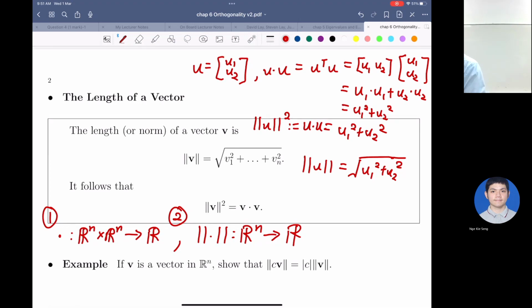If you want to relate back to the Pythagoras theorem, let me draw it.